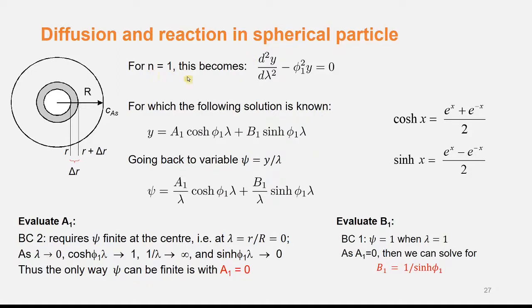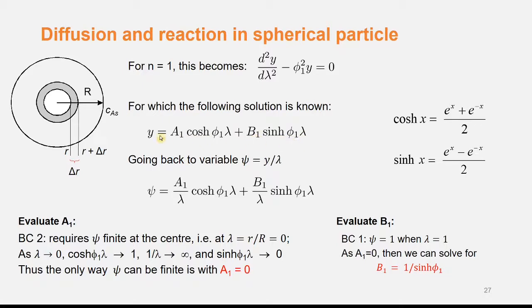This is a very easy equation to solve. We saw the solution to this in the maths revision sheet, and it was one of the questions in the Kahoot quiz. We know that both cosh phi 1 lambda and sinh phi 1 lambda are solutions. So the most general solution is a linear combination of these.